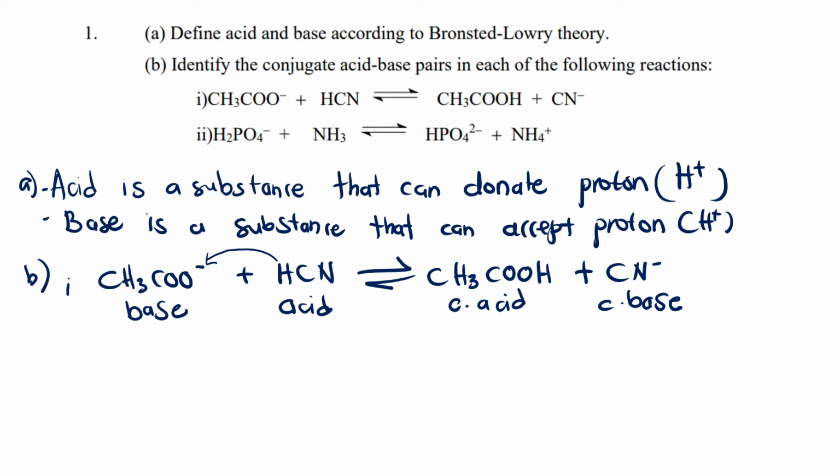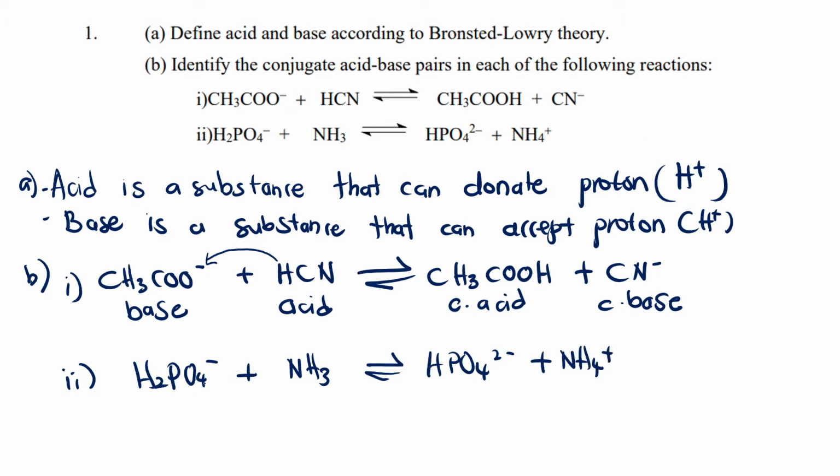For number 2, H2PO4 minus plus NH3 produce HPO4 2 minus plus NH4 plus. Here we can see ammonia accepts a hydrogen from H2PO4 minus.